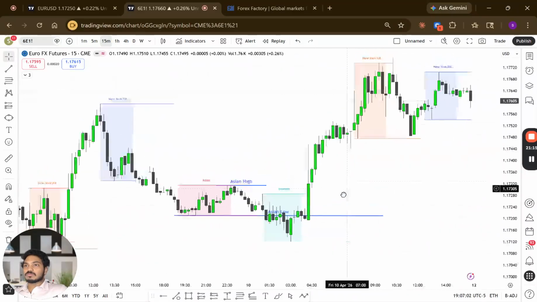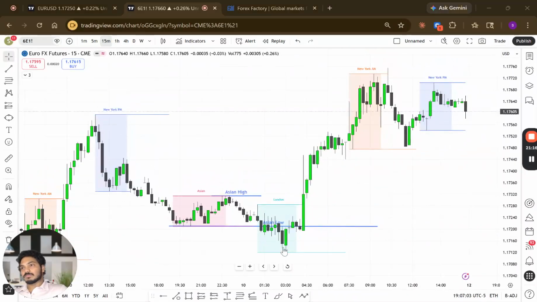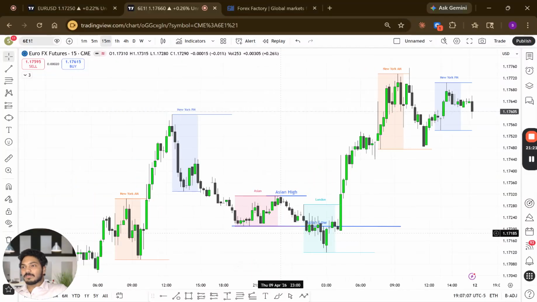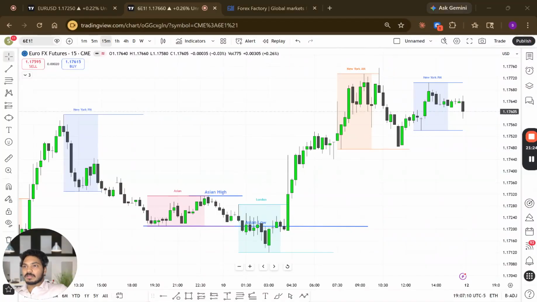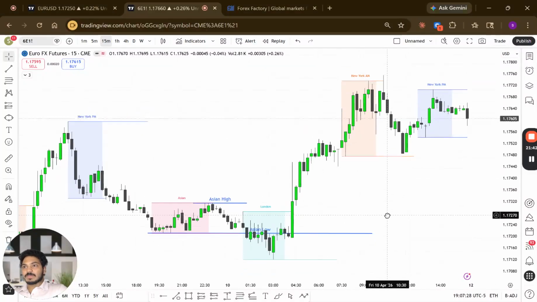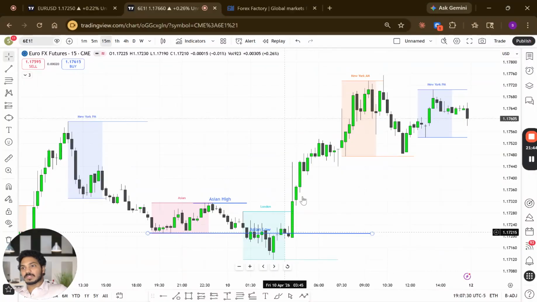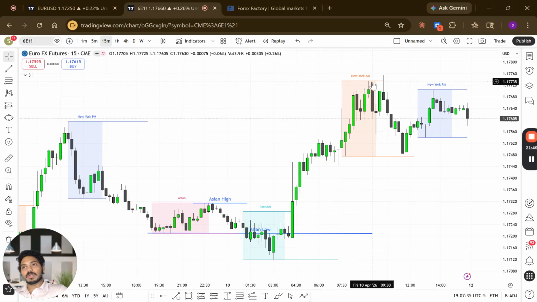It tried to trap the breakout traders and also sweep the liquidity below this Asian low. It gained enough momentum and orders to move the market upwards, right? It displaced from this point till the New York Open.